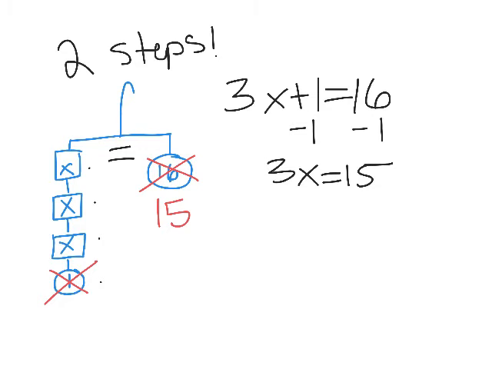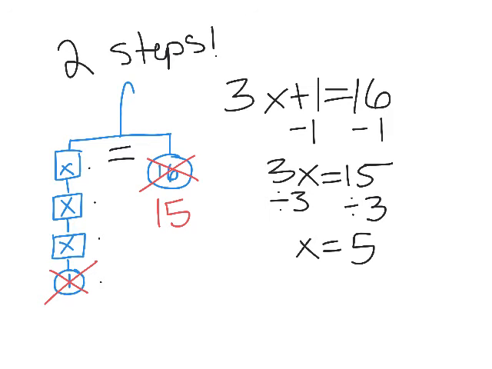Now I have 3 of some equal number that gives me 15. Well, 15 divided by 3 must give me 5. So I usually write the divide by 3 on both sides so that I get x equals 5.